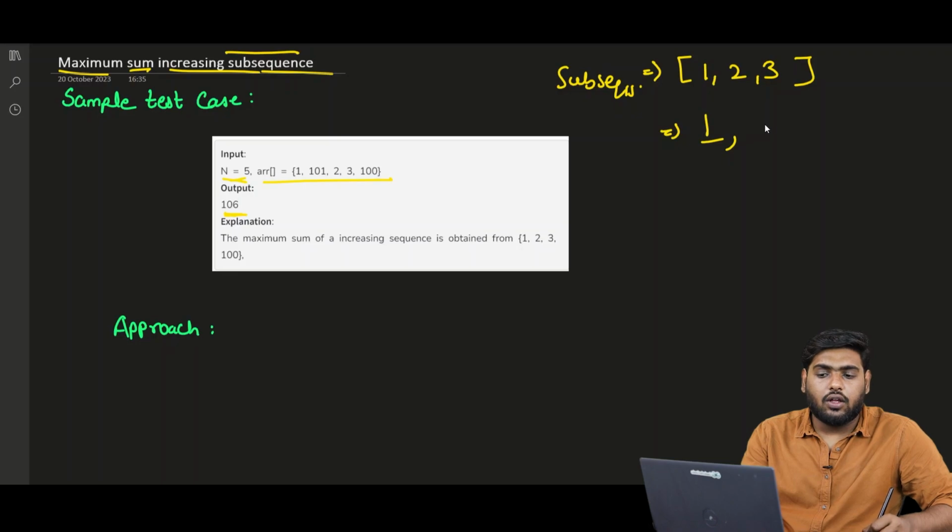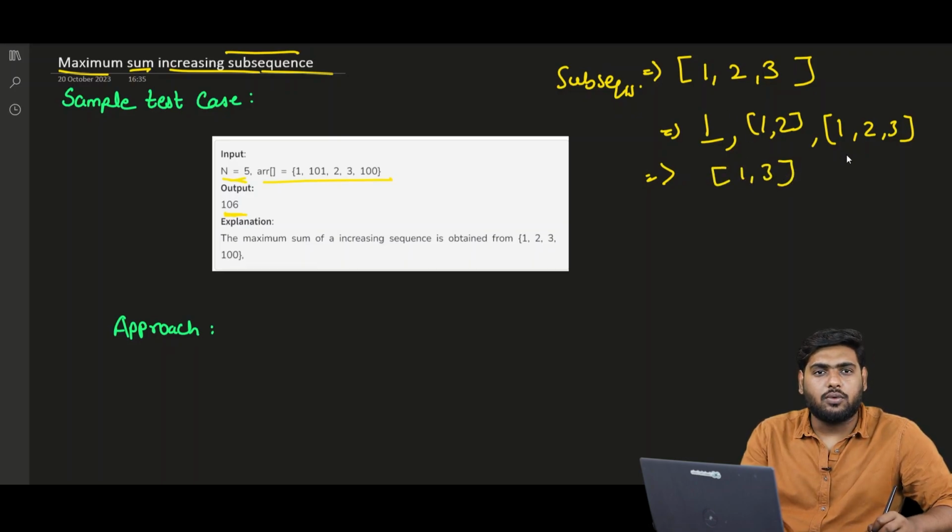If I am taking 1, 2, it is a subsequence. If I'm taking 1, 2, 3, it is a subsequence. And if I miss 2, that means I do not take 2 and I form 1 and 3, that is also a subsequence.